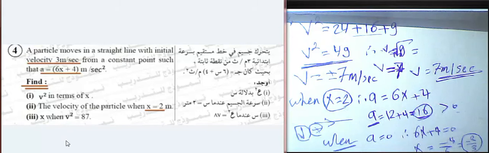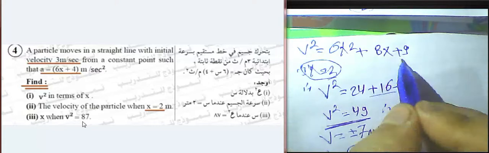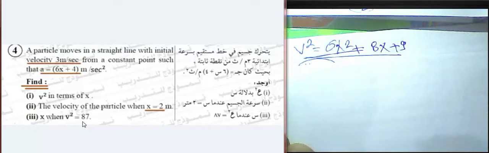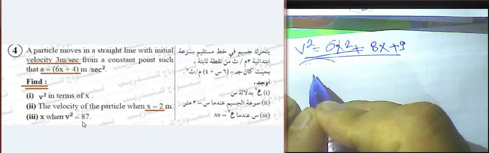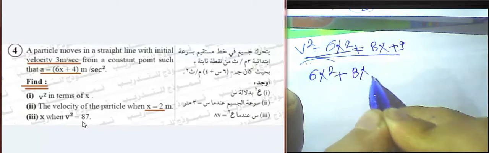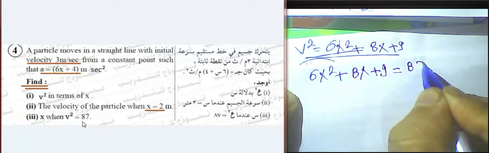Question 3 here. You want to find x when v square equals 87. So we can complete this equation and write v square equals 87. Then you can write 6x power 2 plus 8x plus 9 equals 87.